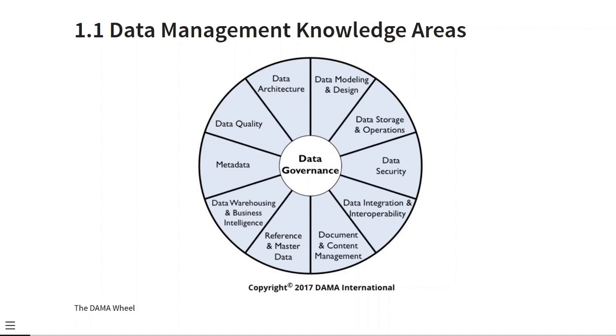Different frameworks, as we will see, have different names, different concepts, but they can all be mapped to this model with data governance in the middle, because that's the part that connects all these other processes together to form a data management model.